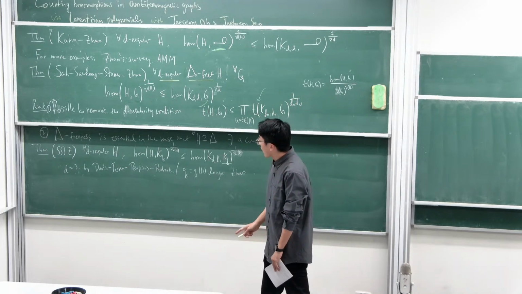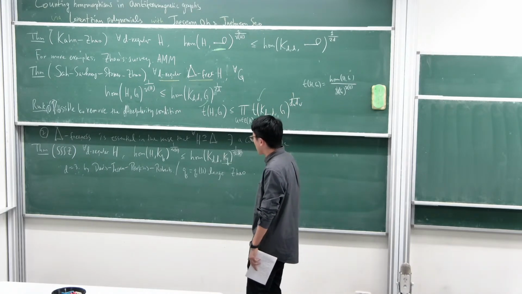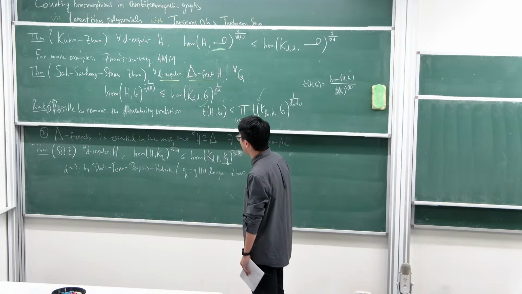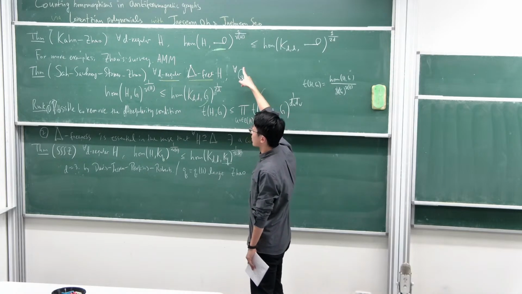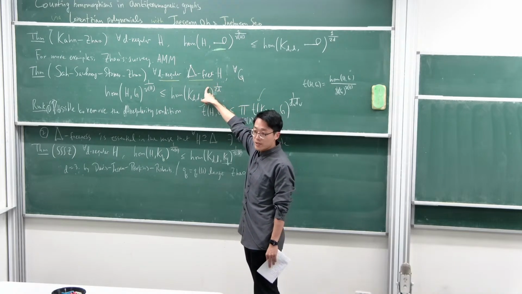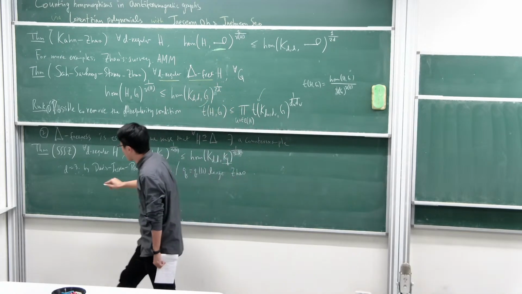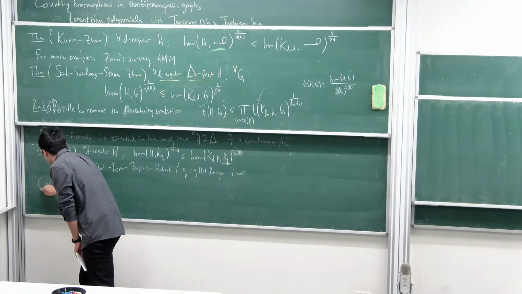So having seen these examples, you might wonder if there's a common generalization of these results which doesn't require the triangle freeness condition. So here's a conjecture by the same group of people.